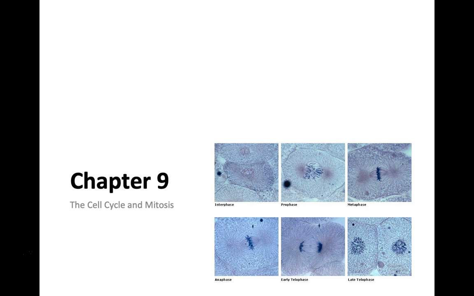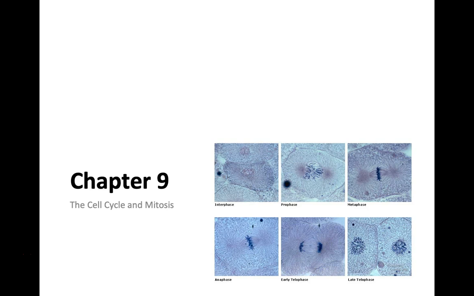So we start with chapter 9, and we do chapters 9 and 10 as kind of a quick unit. Because they're very closely related, a lot of the concepts overlap, and I do kind of talk about them interchangeably, and your assignment will be very much overlapping and comparing and contrasting the different types of cell division.